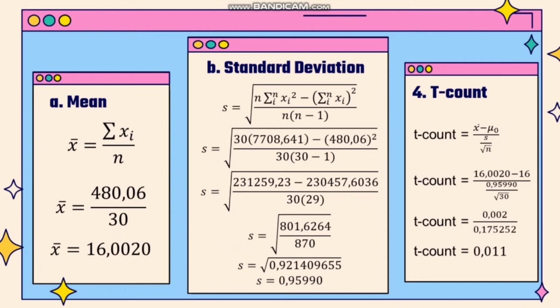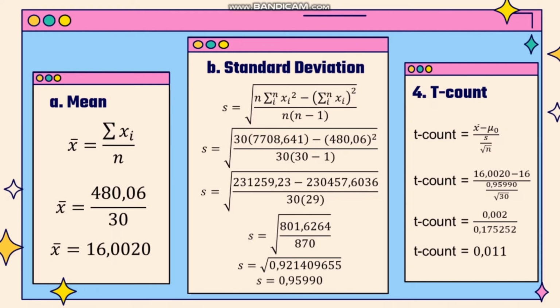We get the value of mean with the formula mean equals sum xi over n equals 480.06 over 30, and the value of mean is 16.020. For standard deviation, we use the formula s equals the root of n multiply sum x square minus sum xi square over n multiply n minus 1.